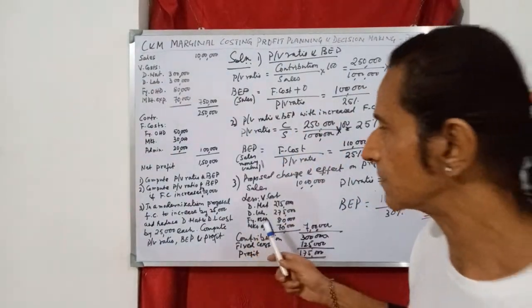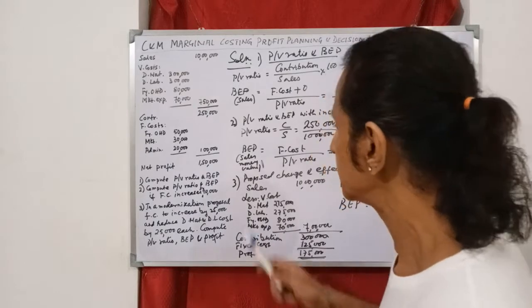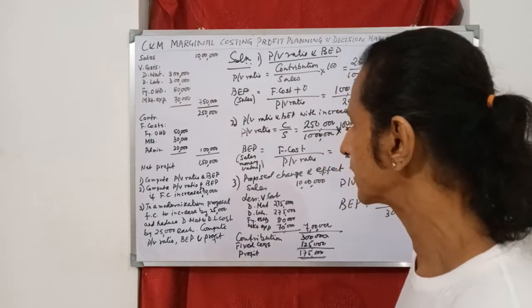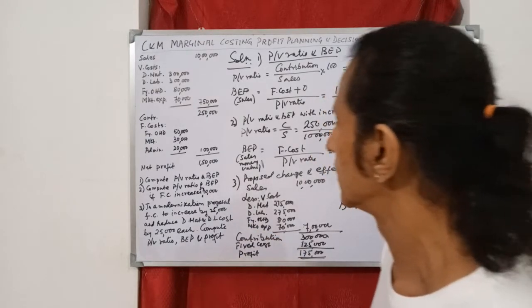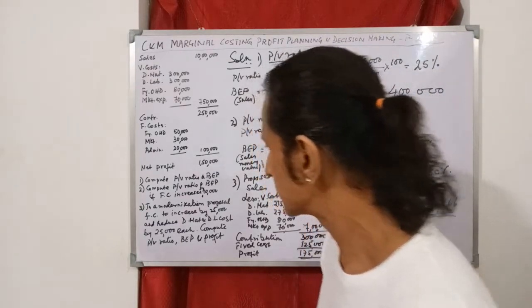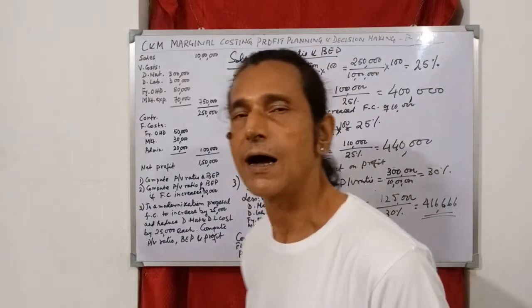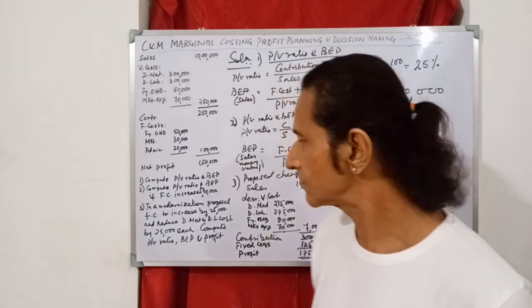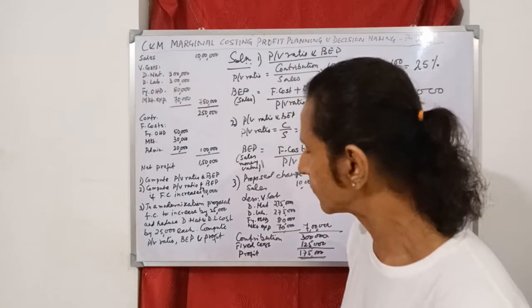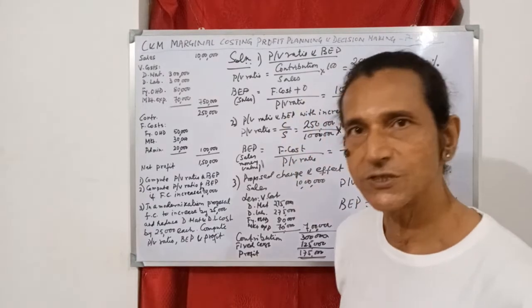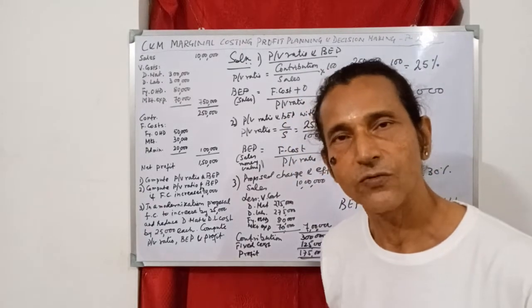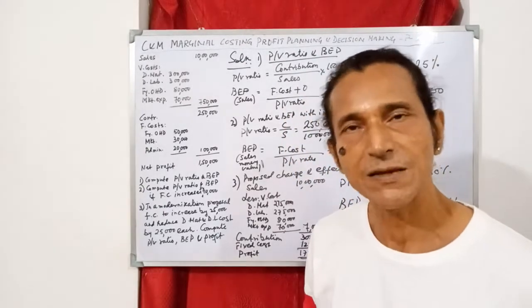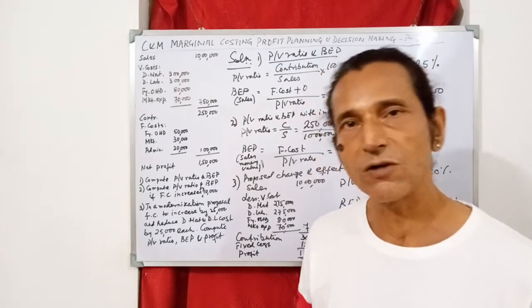Now come to part 3. In part 3 there is a proposal of modernization, which says that the firm has to incur additional fixed cost of 25,000, maybe in new technology or a new machine, and as a result of implementation of the proposal, direct material cost will fall by 25,000. In the same way, direct labor cost will also fall by 25,000.